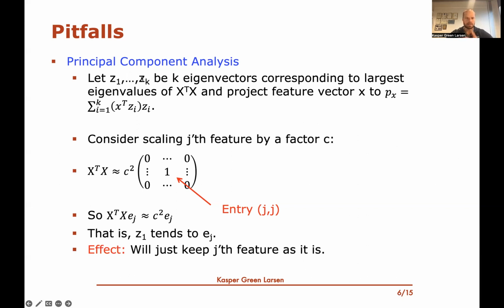Since the first is exactly Ej, with a 1 in this entry, everyone else has to be 0 in that coordinate. So the only contribution to the jth entry of the projected vector is just keeping the jth entry when I project onto Ej. Said briefly, if one of these features is much bigger than all the other ones, then I'm just going to keep that feature as it is, in particular in the limit as this feature becomes bigger and bigger than all the other ones.